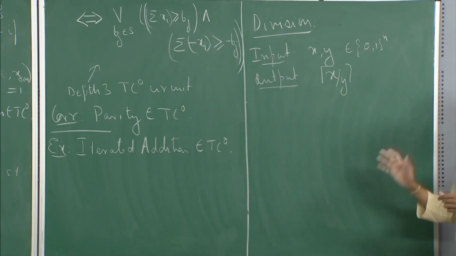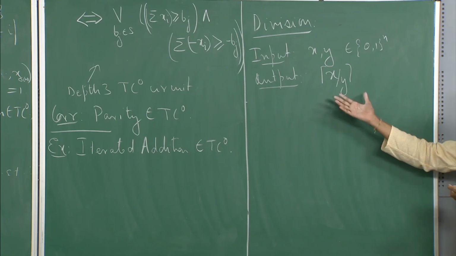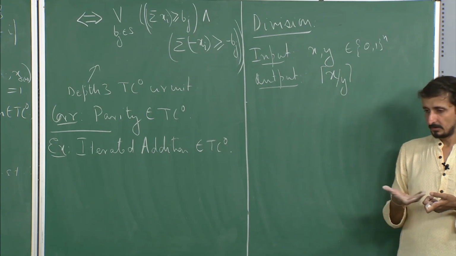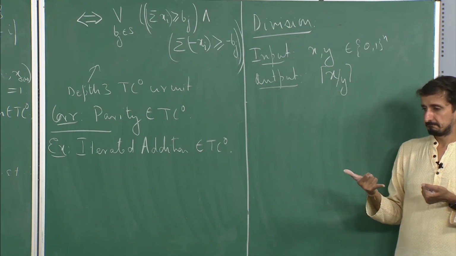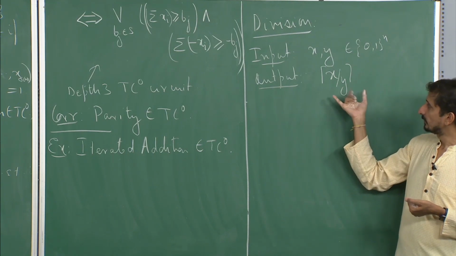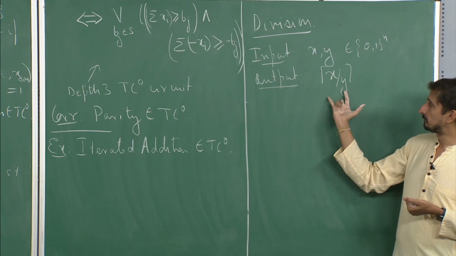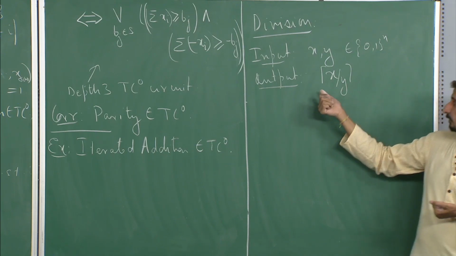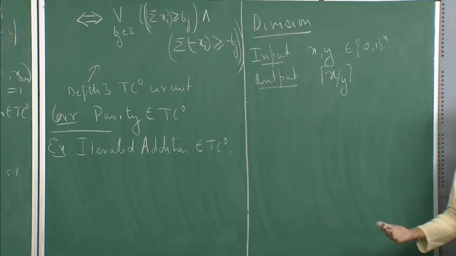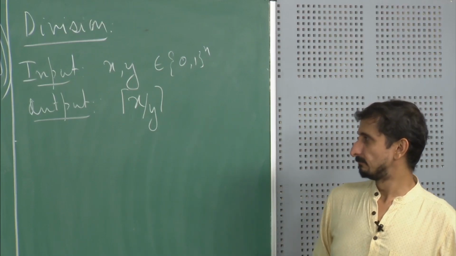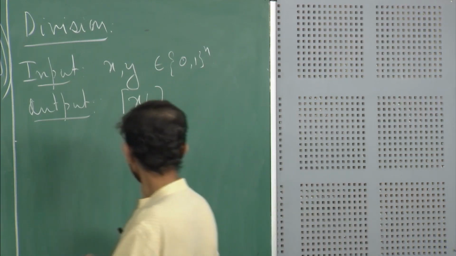Just the quotient. Once you get this, you can actually show that you can also output the value of the quotient up to some n terms as well. That is also possible, but whatever.